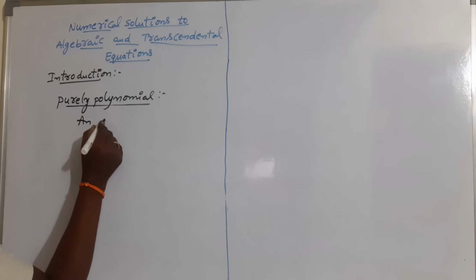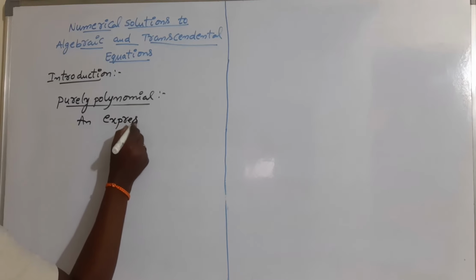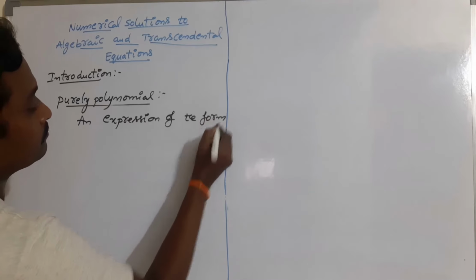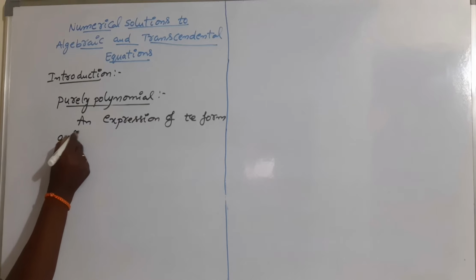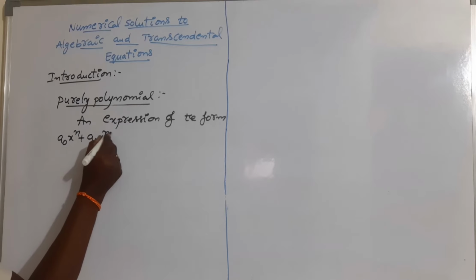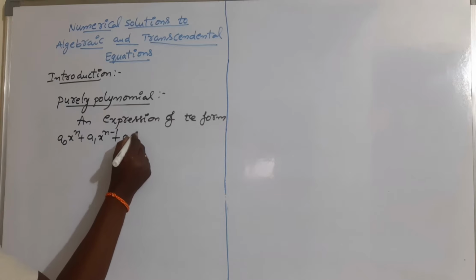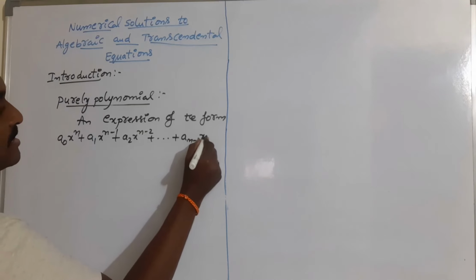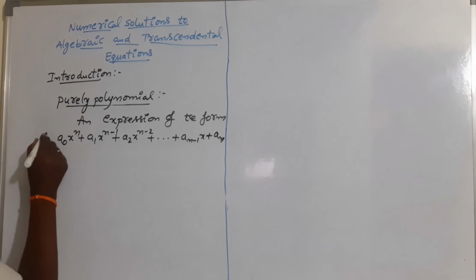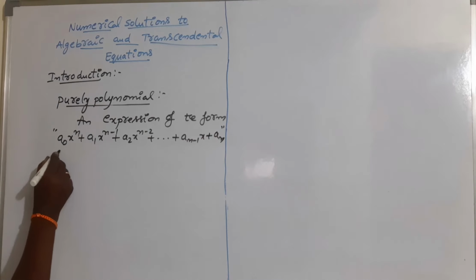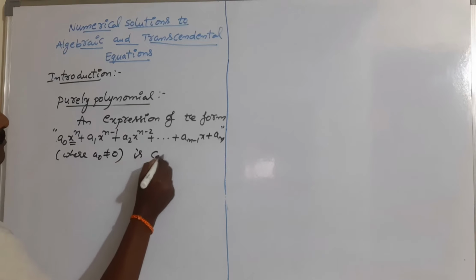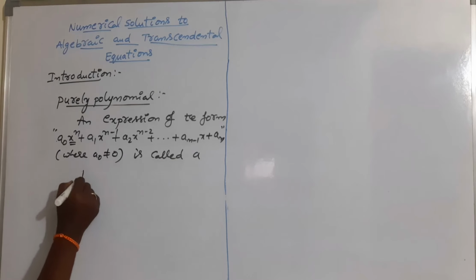An expression of the form a0 x^n + a1 x^(n-1) + a2 x^(n-2) + and so on, last but one term is a(n-1) x + an, where the coefficient of x^n, a0, is not equal to 0, is called a purely polynomial in x.